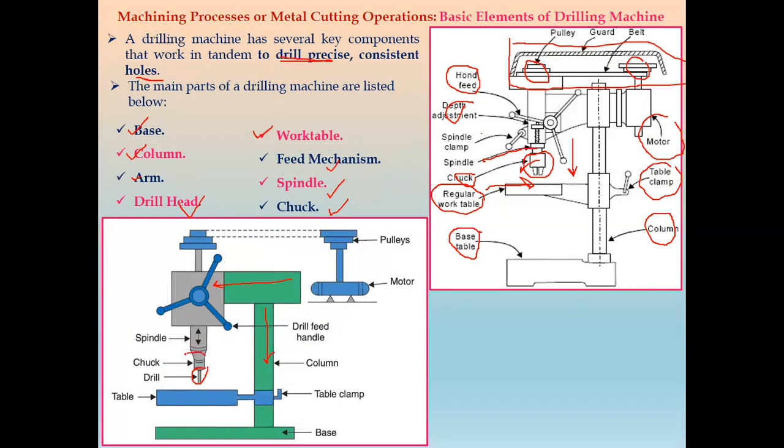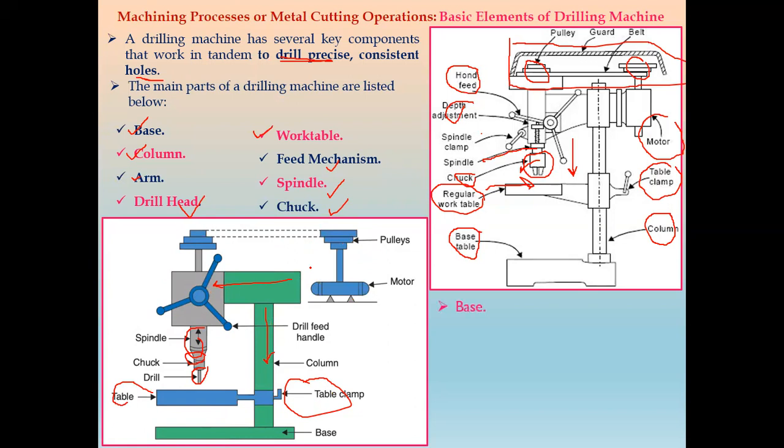Then the chuck and spindle. Then we have the work table and table clamp. By using this table clamp, we can lower or raise this work table. And we have a drive mechanism, in which there is an electric motor and pulley arrangement, by which we can get variable speeds.